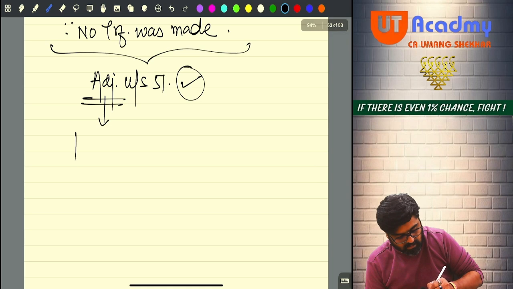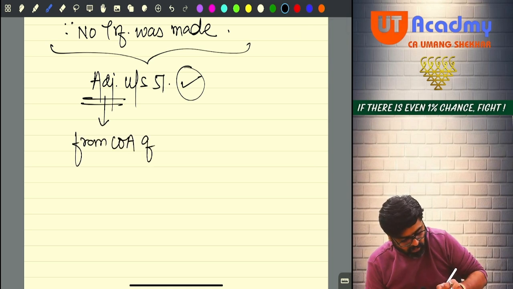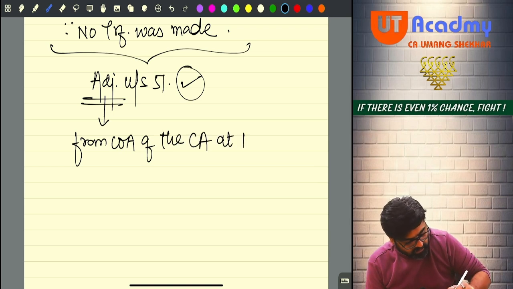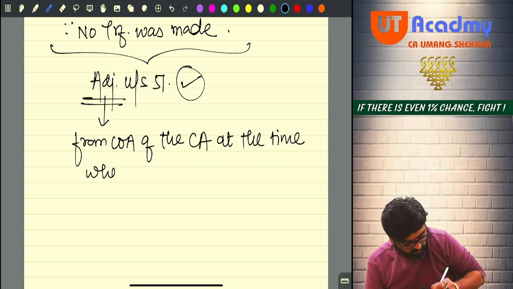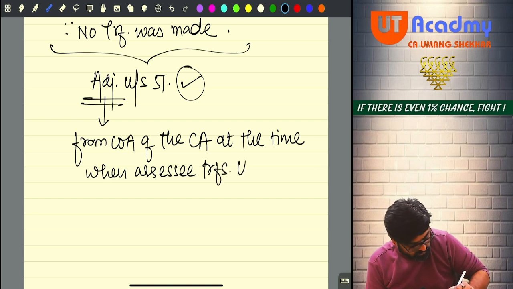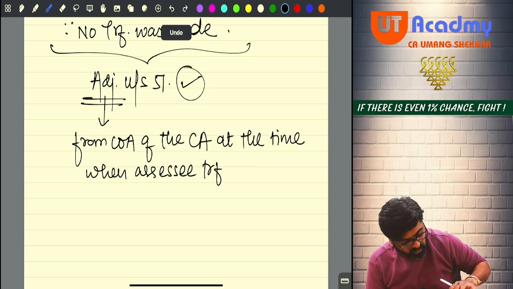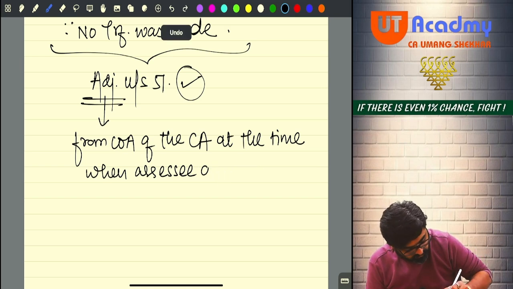Adjusted from the cost of acquisition of the capital asset at the time when the assessee actually transfers the capital asset.